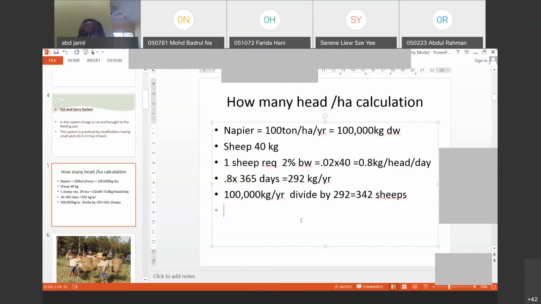If you calculate on a per month basis, 10 cents times 30, so how much is it? 3 ringgit. So even though it is a 10 cent difference per head, it makes a difference of 3 ringgit per month.